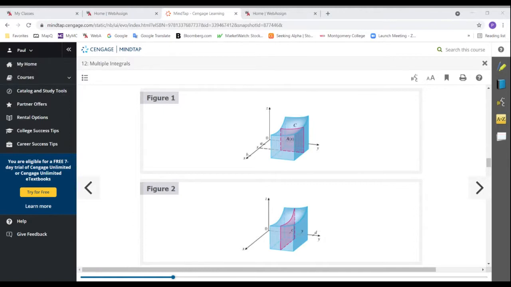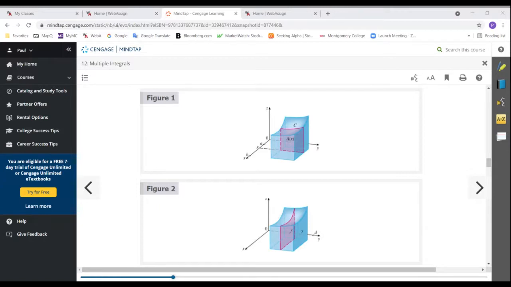You can double click on the screen if you want to make the picture a little bigger. I'm looking here at figure 1 and figure 2. In figure 1, you have a surface and a volume underneath the surface.